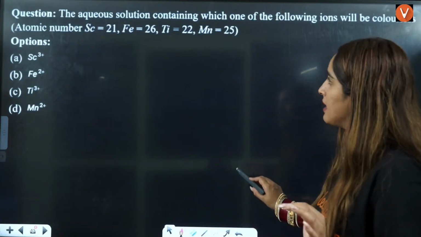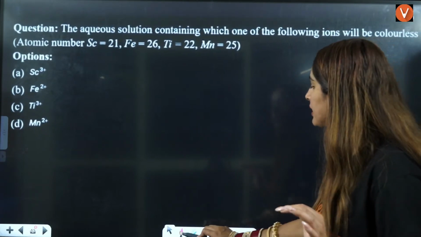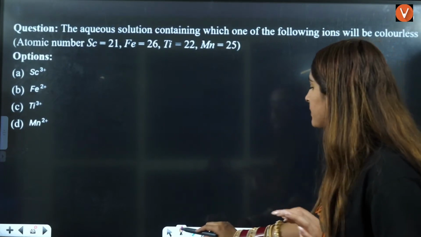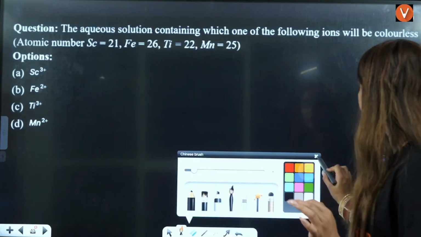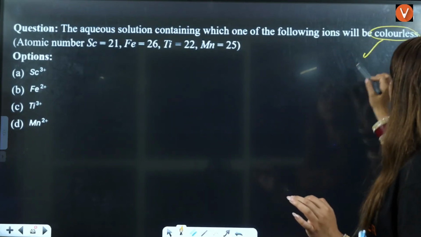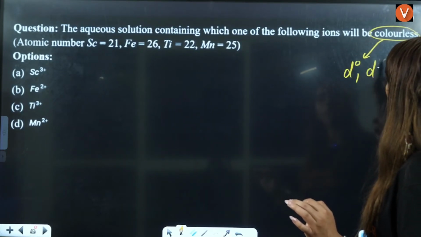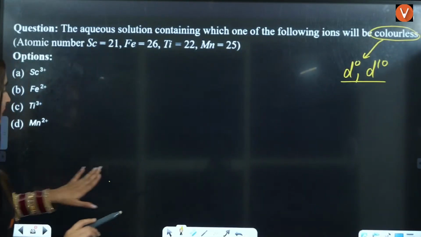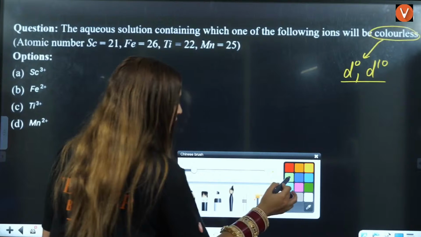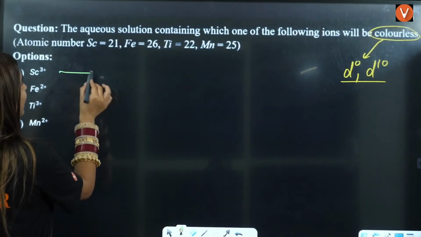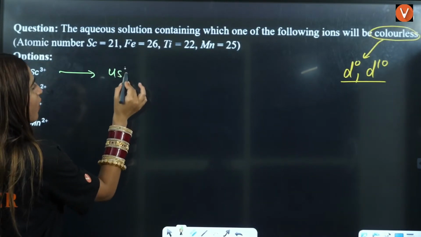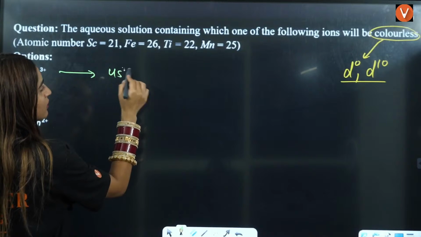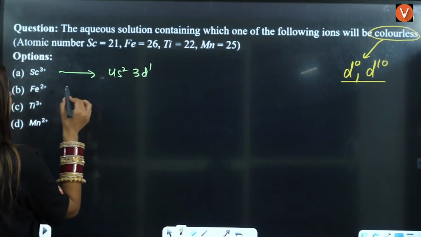Okay? Next: the aqueous solution containing which of the following ions will be colorless. Now, whenever they are asking you colorless, that means they are talking about d0 or d10 configuration. If you see this here, scandium is 21, it is 4s2 3d1.